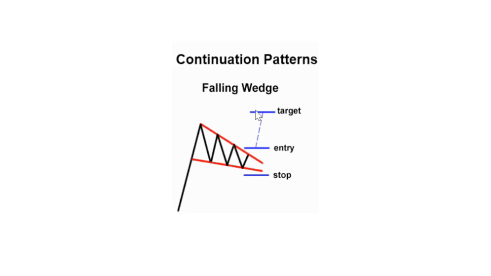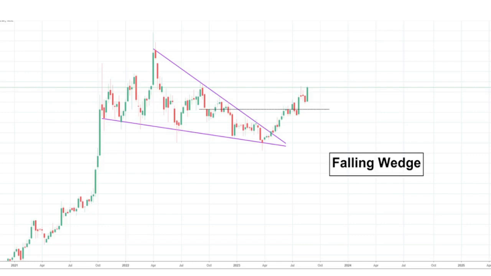So let's see an example of a falling wedge. So here's an example of a falling wedge where we have this breakout from this pattern. So we could enter this trade on the breakout, or we could also enter the trade on the retracement. So it's always better we have a live example so that we can better understand our entries.